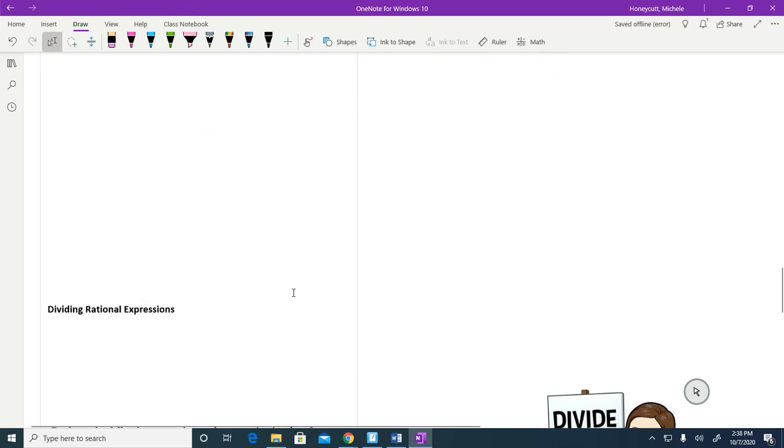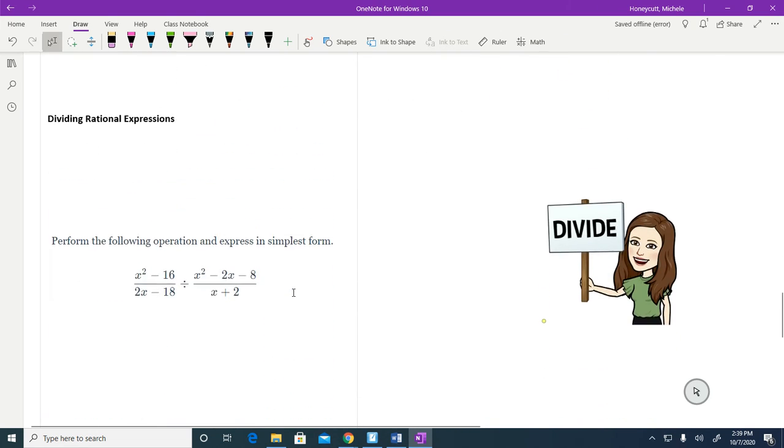Now, let's talk about dividing. Dividing is very similar to multiplication, except you have to be a little bit careful, because if I take, let's say I had 2/3 and I wanted to divide it by 7/3.